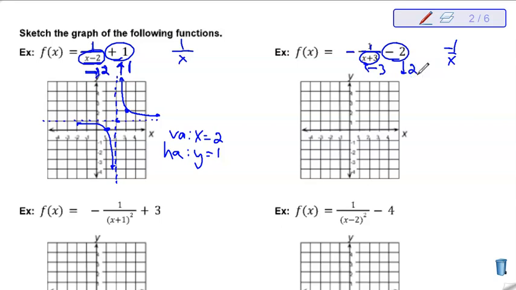Take the sign as is on the number added or subtracted at the end. And then the new asymptotes: if we go left by 3, the vertical asymptote goes there, and down by 2, the new horizontal asymptote goes there. So we could also right now say my vertical asymptote is x equals -3, and my horizontal asymptote is y equaling -2.